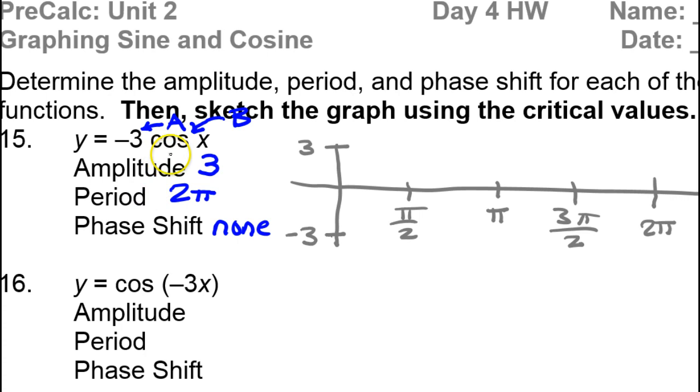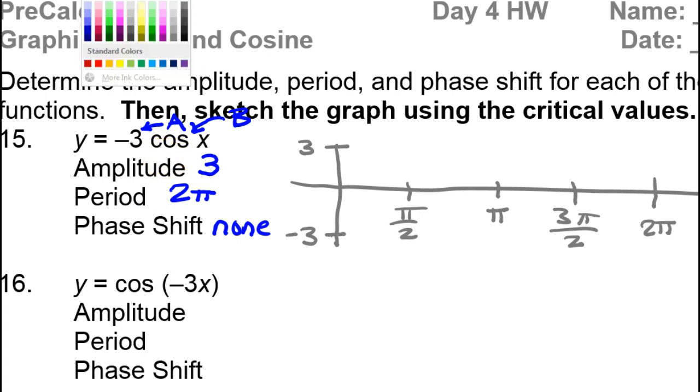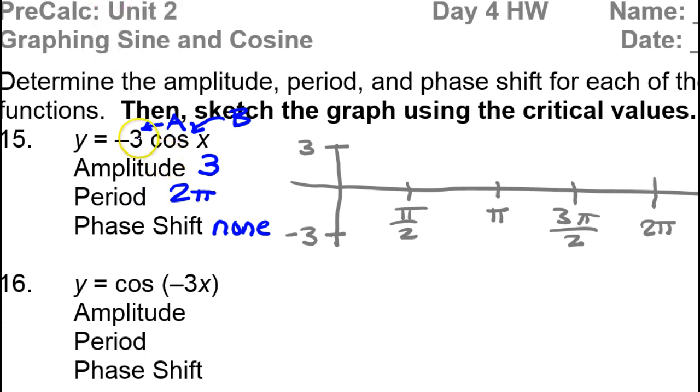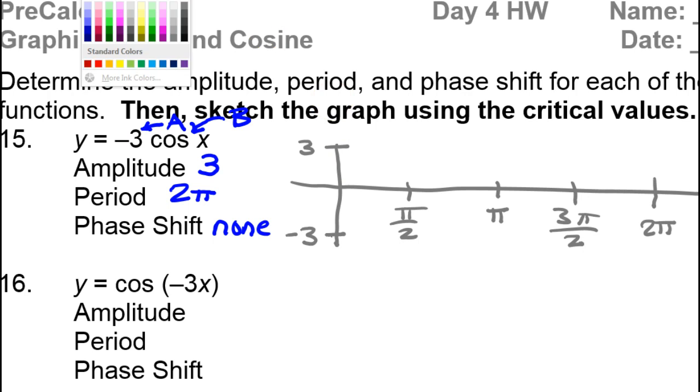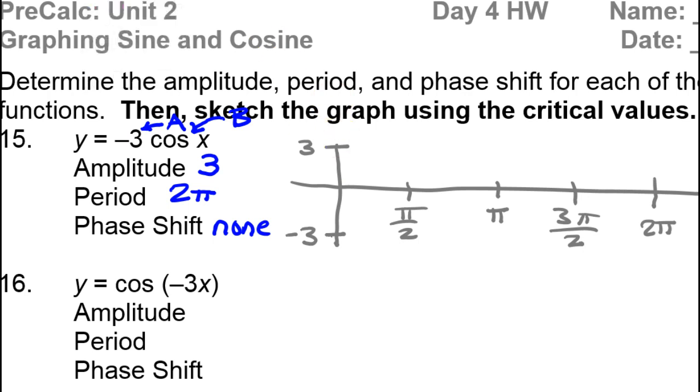Now, this is a cosine function. And we have learned that a cosine function normally starts off up high. The cosine function normally starts off high, and then it goes low, and then it goes high again. All right, so if there were no negative sign here, this would be what my cosine function would look like.